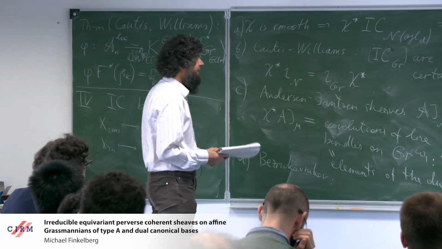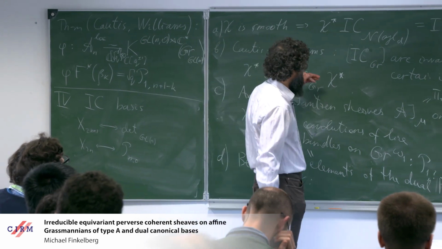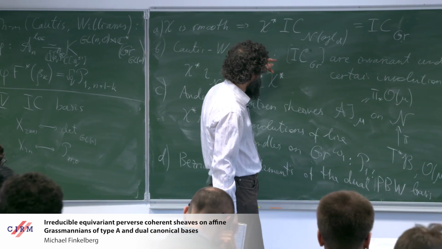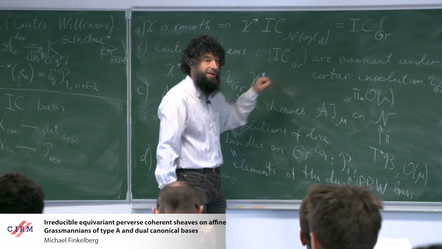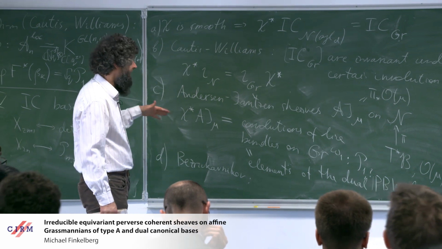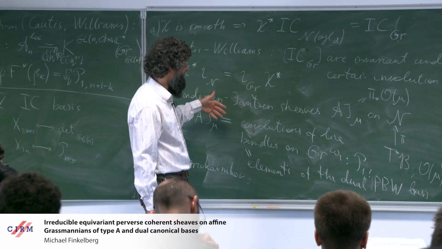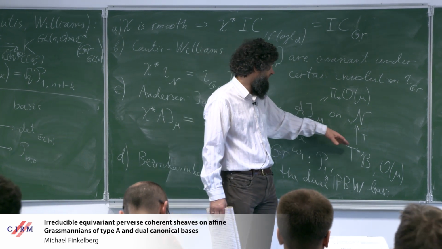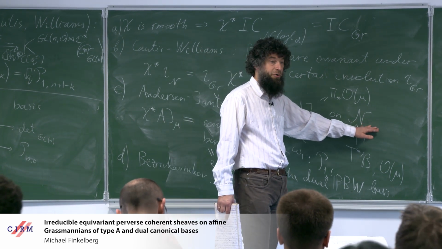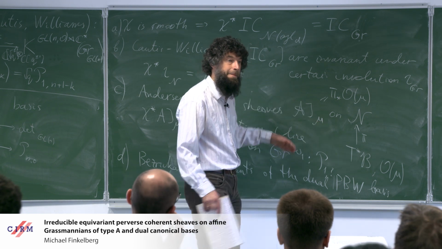Okay, and now this is all easy, but the last part is transcendental, due to Bezrukavnikov. So making a connection to Kazhdan-Lusztig theory for the affine flag variety of GLD, he proved that the transformation matrix from Andersen-Jantzen sheaves to irreducible perverse sheaves on the nilpotent cone has this positivity property.